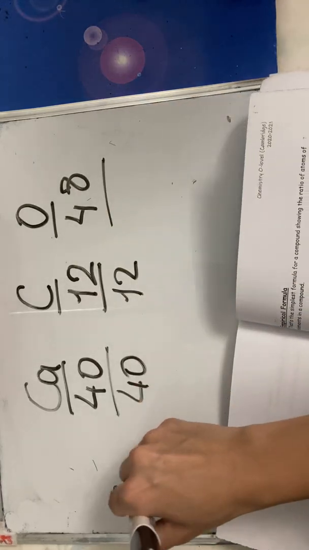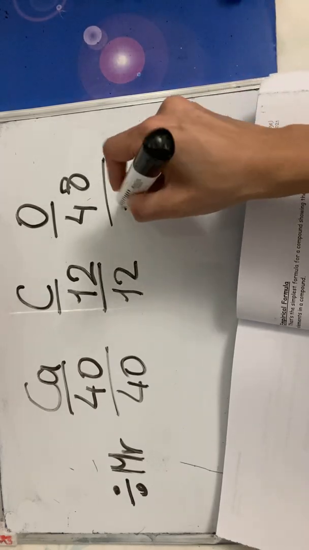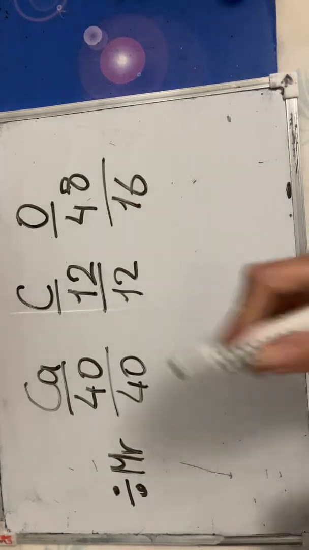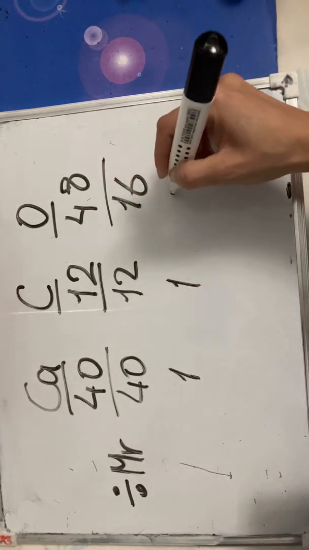So this is step number 1, divide by the MR. Okay, the results are 1, 1, 3.